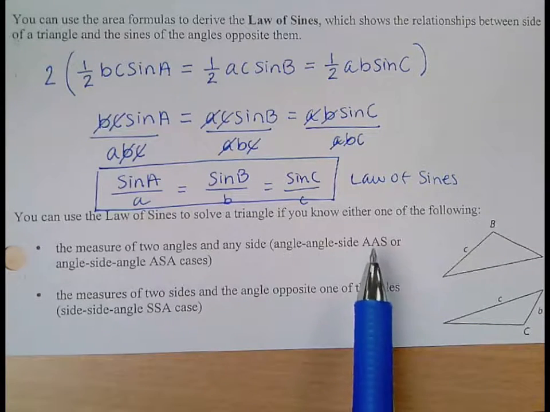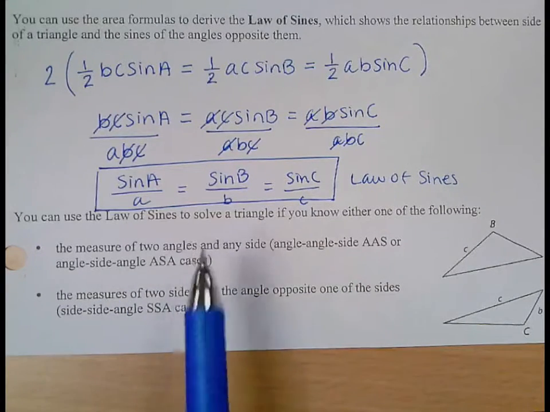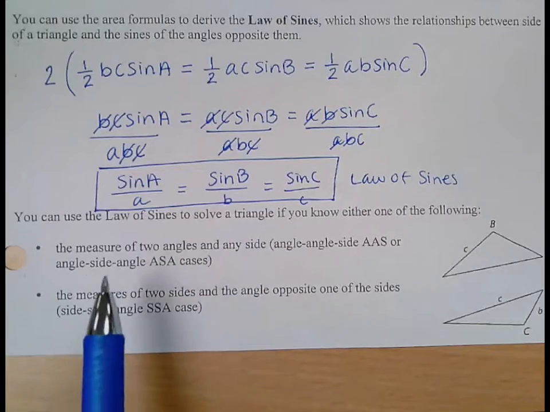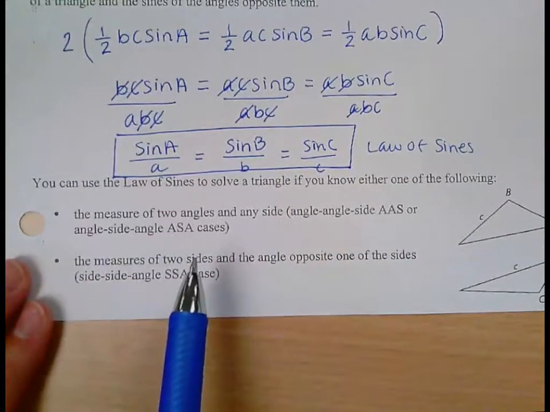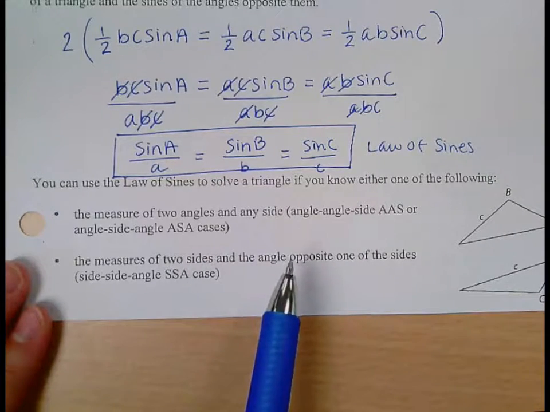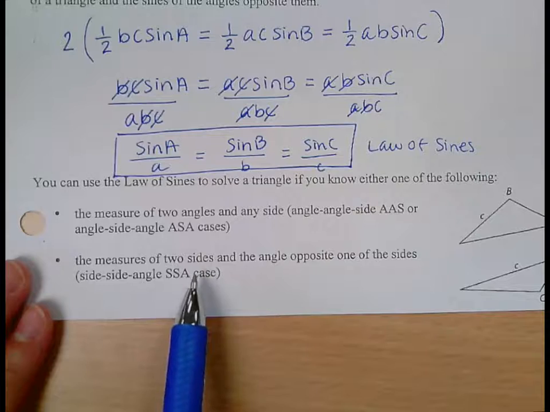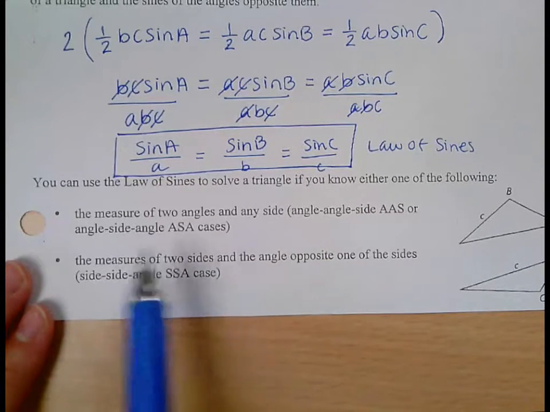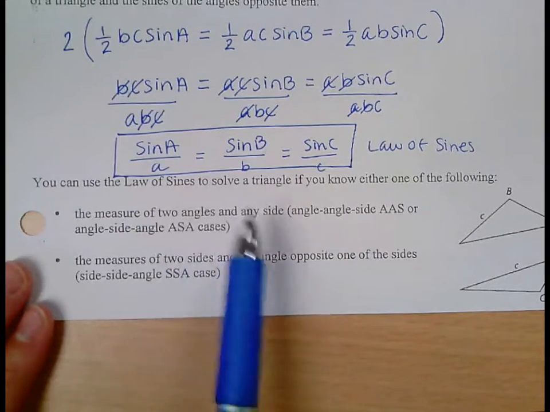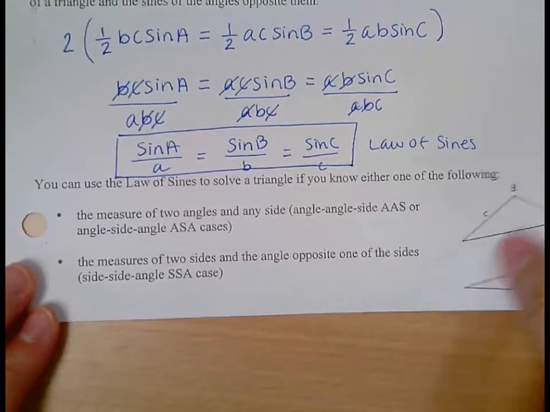You don't have to know which one it is; as long as you know two angles and any side, you can use the law of sines. You can also use it if you know the measures of two side lengths and the angle opposite one of the sides. That would be the SSA case. This is the case we're focusing on tomorrow because there's a little bit more to it. So we're focusing on having two angles and any side for today.